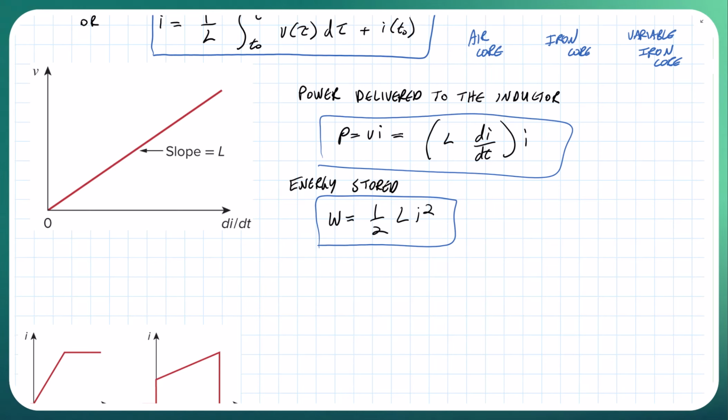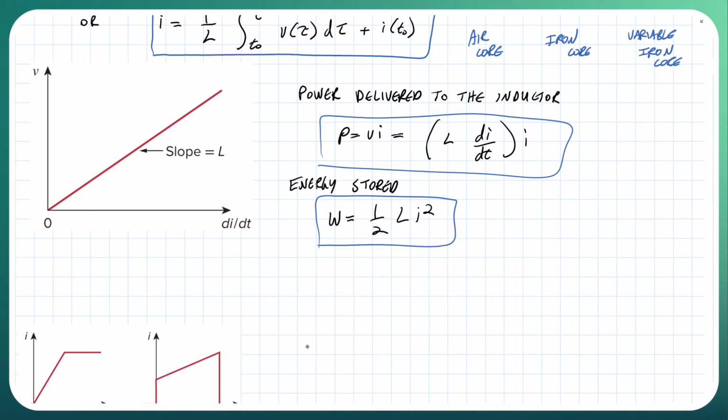Okay, so a couple things to note is that the inductor acts like a short circuit to DC. And also that the current through an inductor cannot change instantaneously.